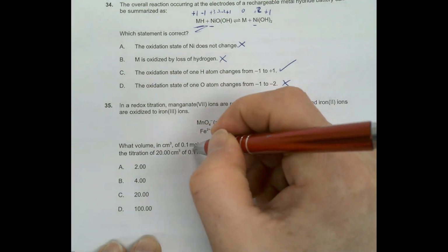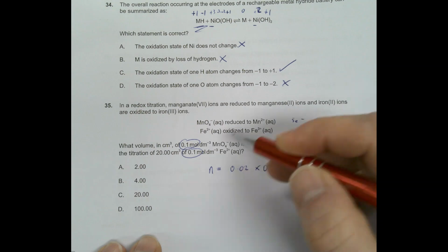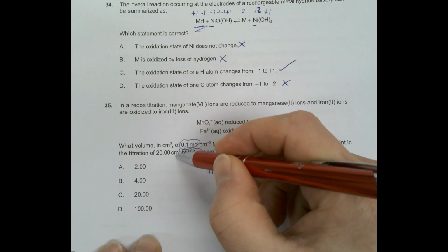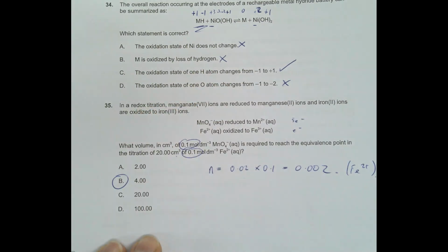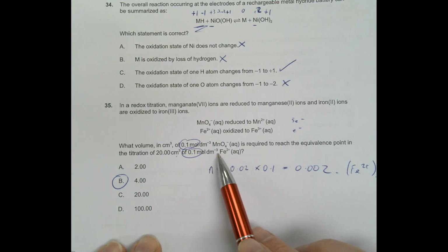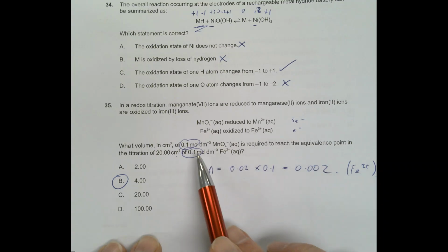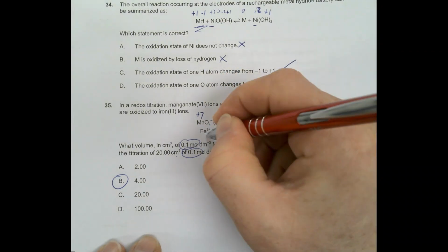Just realise that the concentrations of the two ions are the same. So all you've got to do is divide that volume by 5 to give 35 as B. So you need a fifth of the volume of that stuff as that stuff, because it's a 5 electron change, +7 to +2, +2 to +3.